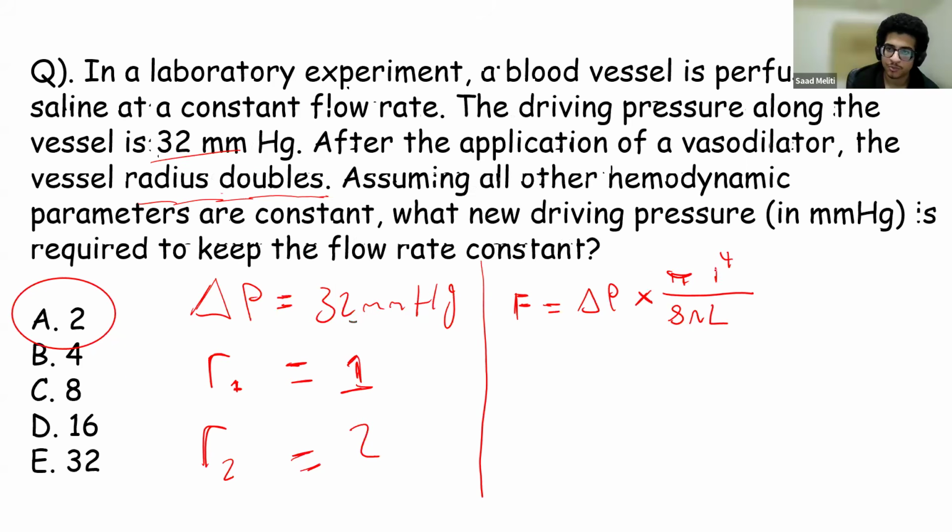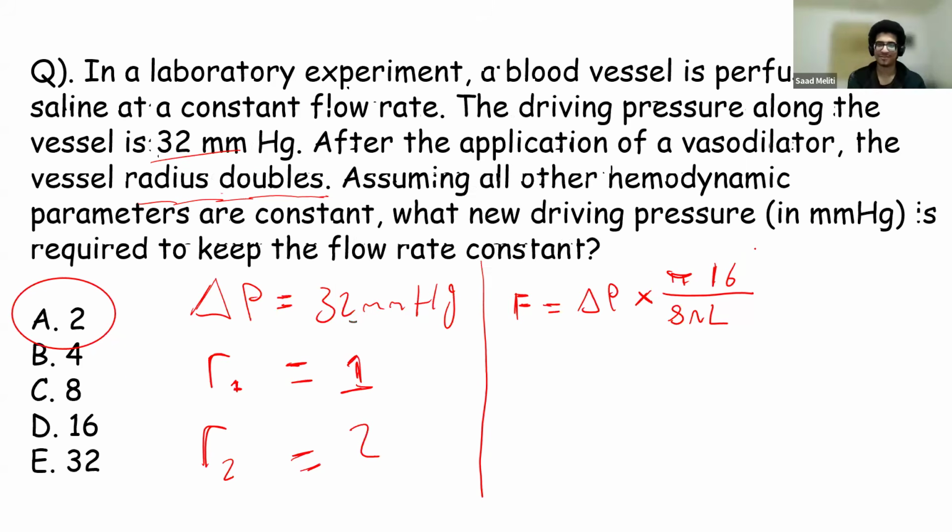It's going to be a radius of 1. So 1 to the power of 4 is just 1. So the flow is just 1F, okay? But now radius 2, we just doubled, so it became 2, 2 to the power of 4. So this becomes 16, okay?